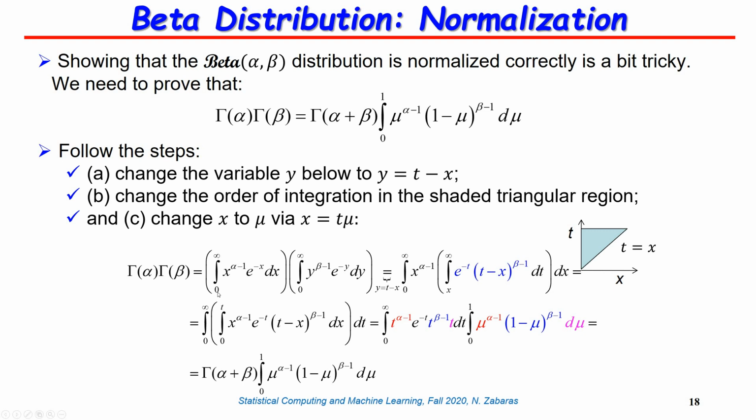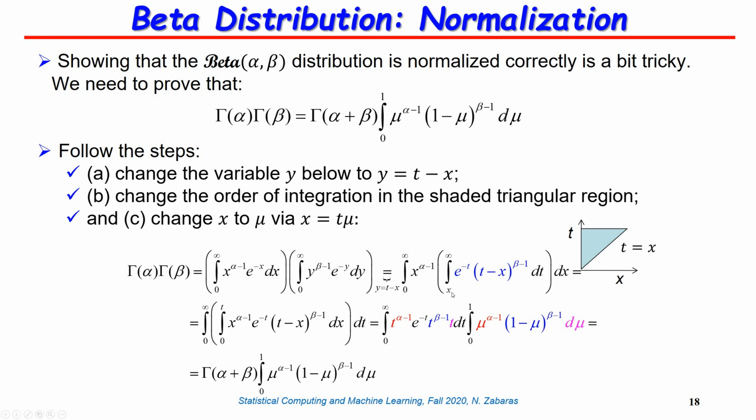So the first thing you can see here, I have to integrate x from 0 to infinity, and I have to integrate y from 0 to infinity. The first step I'm going to do is change the variable y, and substitute it with a new variable t. So if y is integrated from 0 to infinity, obviously t is going to be integrated from x to infinity, okay? And this is what you see here, all right?